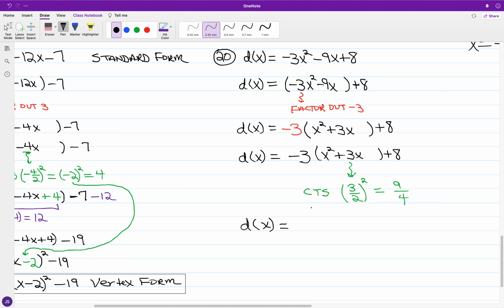And taking what we have for d of x, you have negative 3 times the quantity x squared plus 3x plus 9/4, and we have plus 8. Remember, you want to balance between what's at the front and what's at the back.